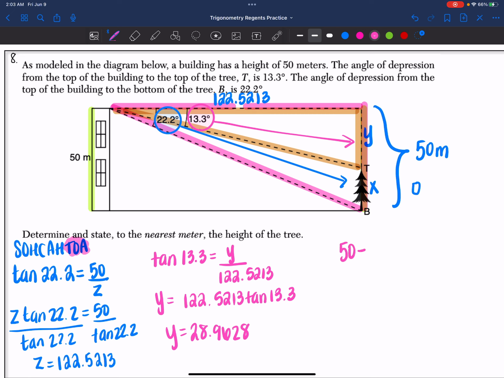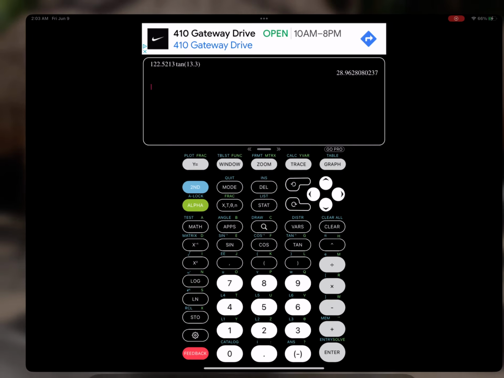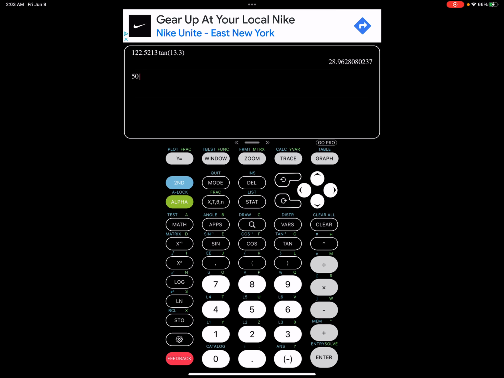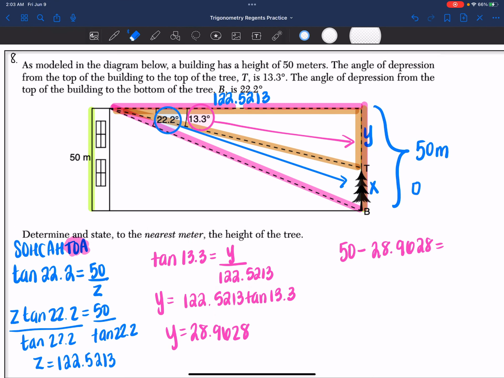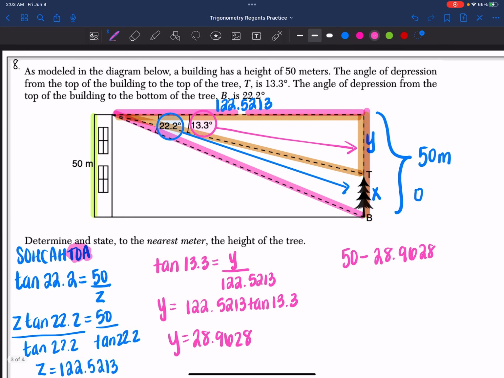So 50 minus 28.9628 is approximately 21. And I'm going to go out on a limb and say that the tree is approximately 21 meters.